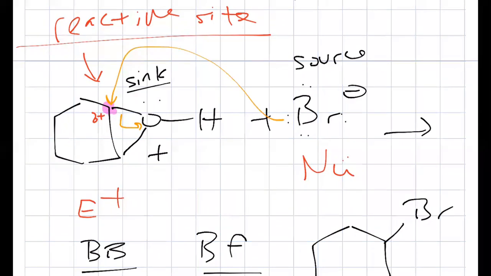When I broke the bond in the electrophile, why did I give those electrons to oxygen? This arrow right here, this bond, I'm going to highlight it. Why did I give them to the oxygen and not the other way?